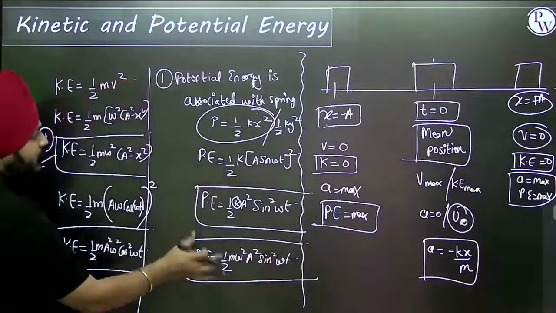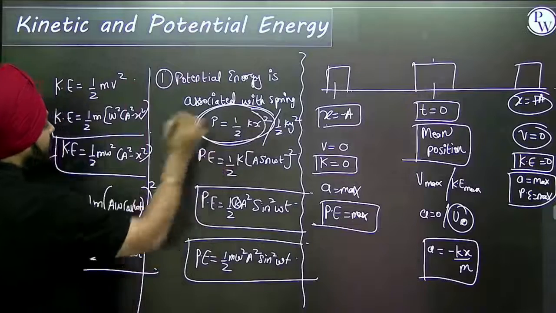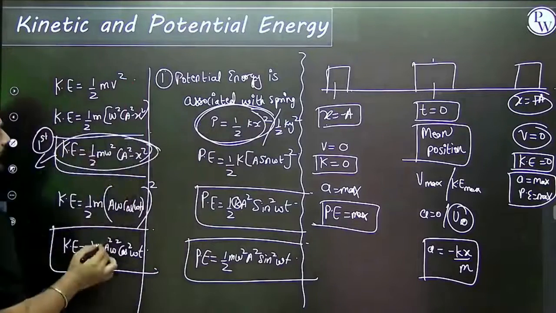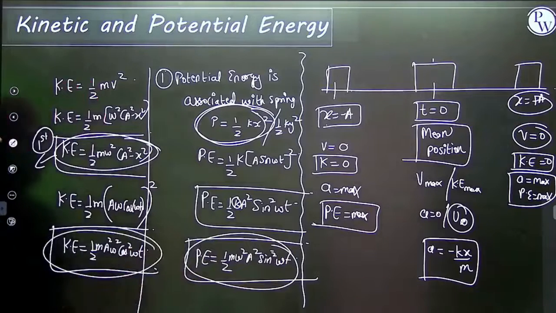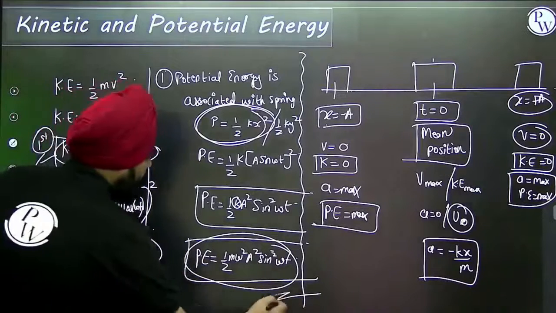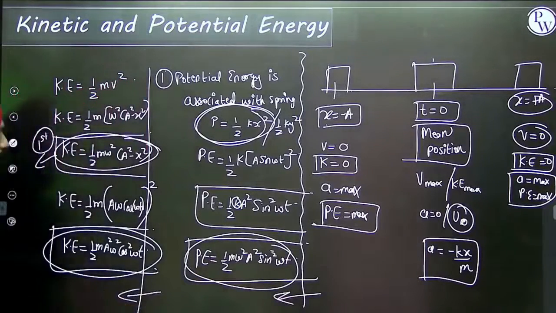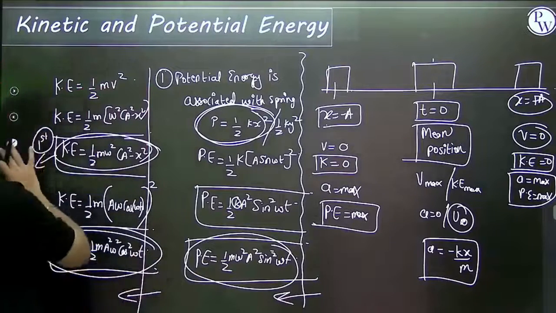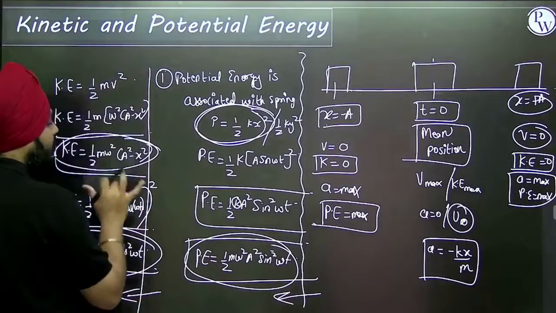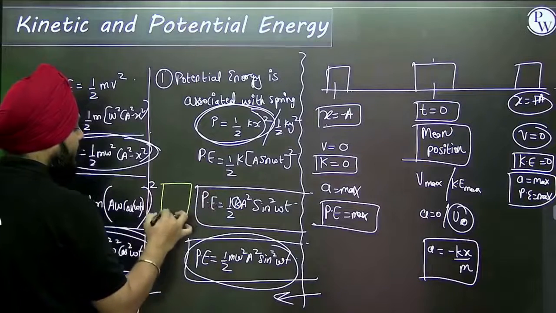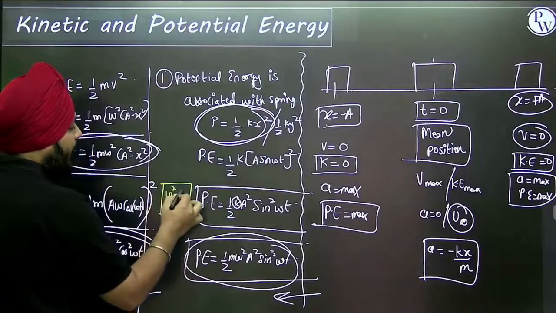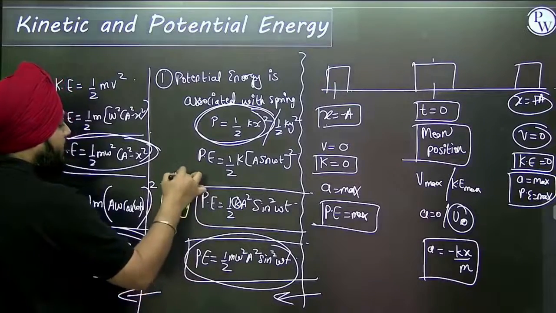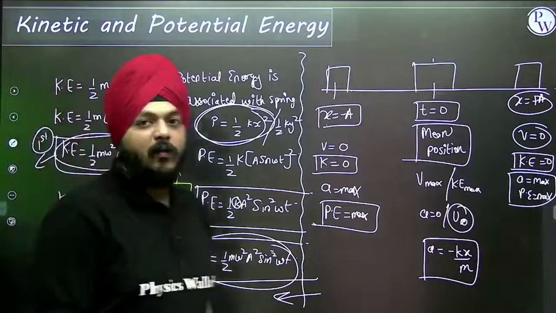This is the first equation of potential energy, this is the first equation of kinetic energy, this is the second equation of potential energy, and this is the second equation of kinetic energy. Here omega square is equal to k by m.